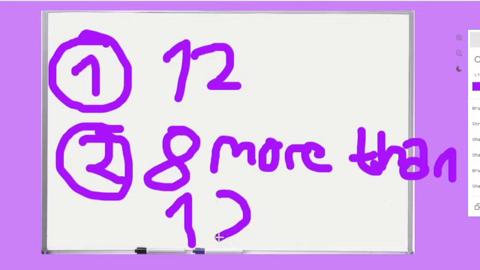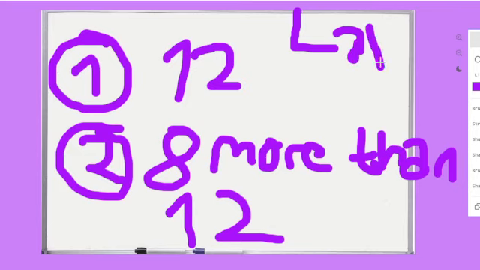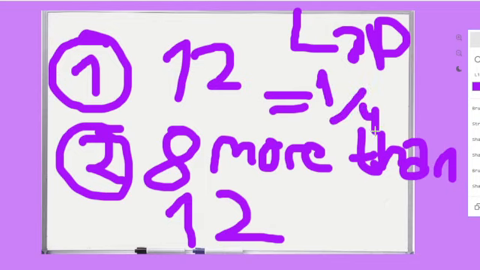And then 12. Okay. And how much mile, well, each lap is a quarter of a mile. So this is very important. A lap is equal to a quarter of a mile.